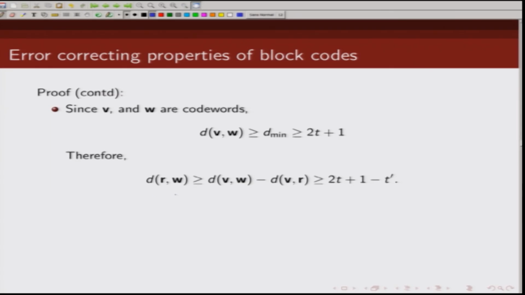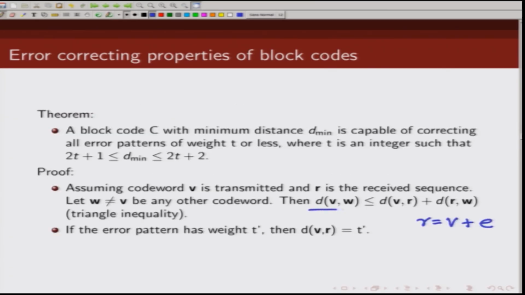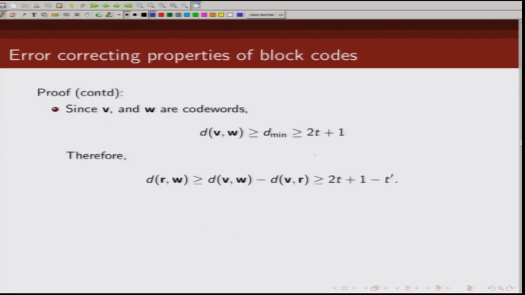Now, from the triangular inequality, this relationship, we have the Hamming distance between v and w less than or equal to the Hamming distance between r and w plus the Hamming distance between r and v, right.